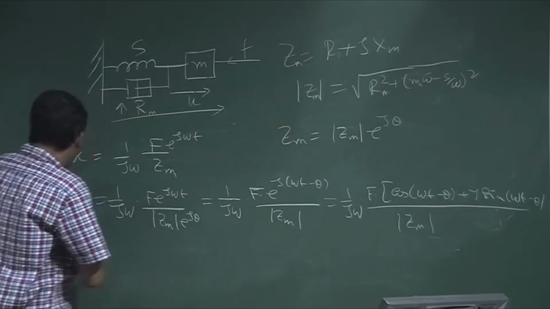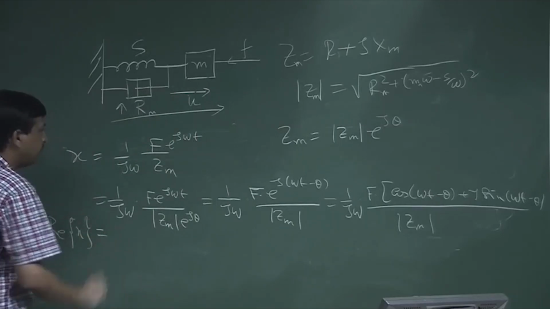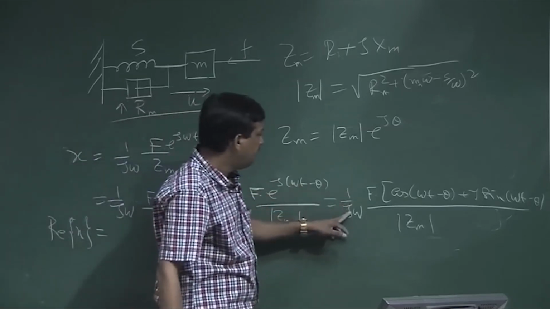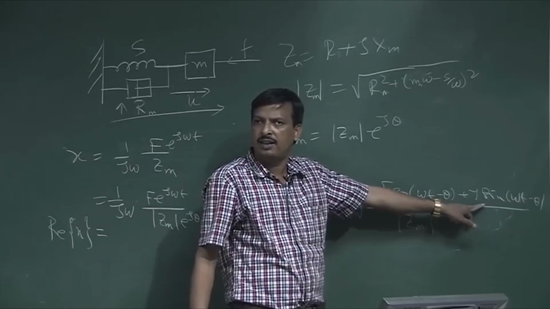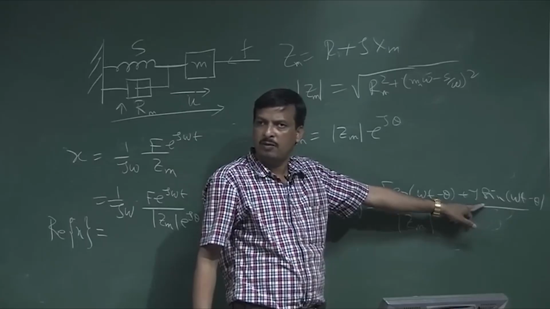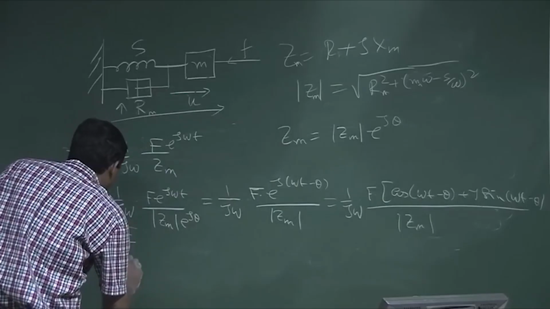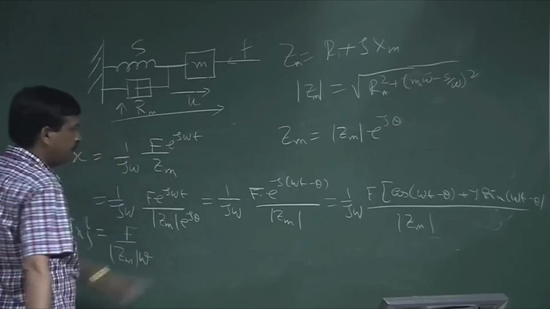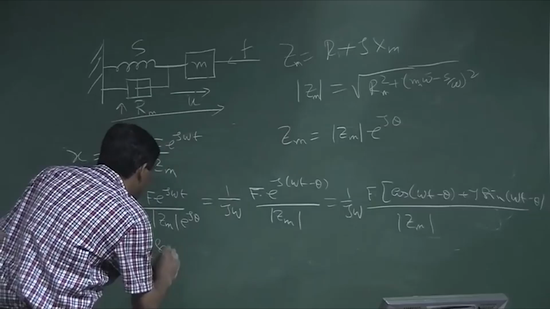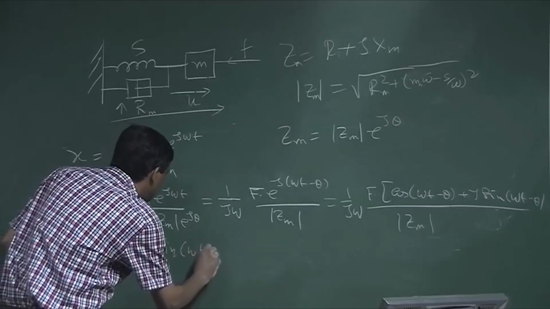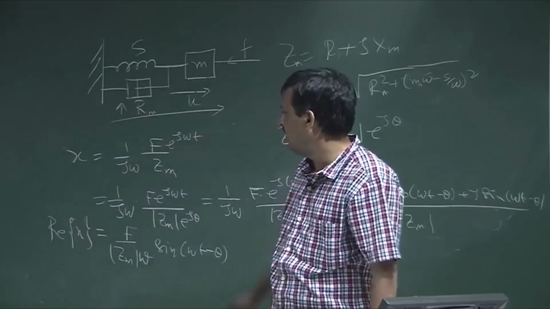Now, if I want to find out the real part of x, the cosine term will be imaginary, and the sine term will be the real part, j cancels. So the real part is f by mod of Zm into omega, 1 by j omega, j cancels, omega will be there, into sine of omega t minus theta. So this is the real part of x.